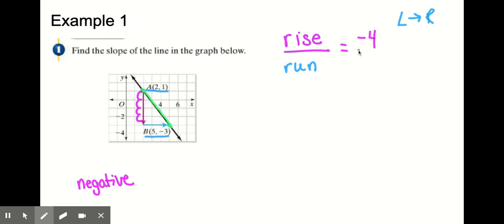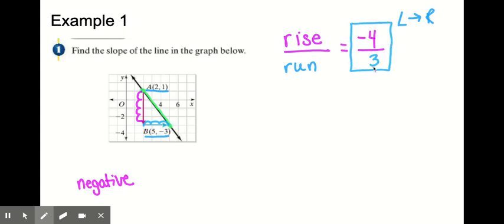So my rise, down, -4. Now my run is always positive because I'm always going to move from left to right. So my x-axis numbers are always getting bigger. So I'm going to run 1, 2, 3. So the slope of this line is -4 thirds, or -4/3.